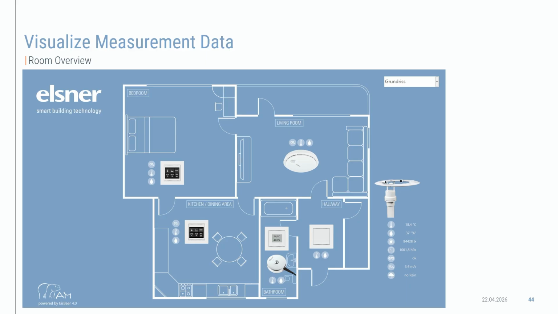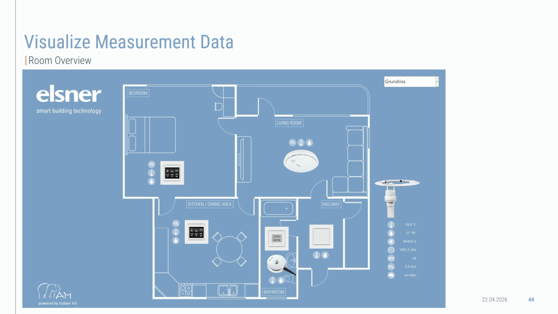Here you see an overview from a visualization. In this case, we use the iSphere visualization. iSphere is our partner from Elsner. And you see here a room overview from a floor. In this overview, you see different rooms with different temperature regulators inside.